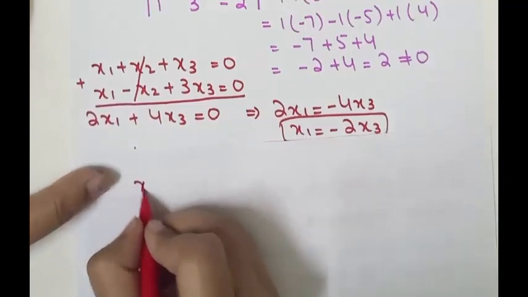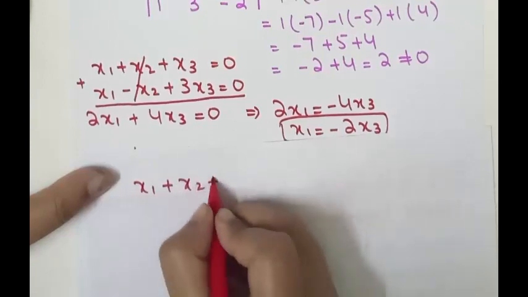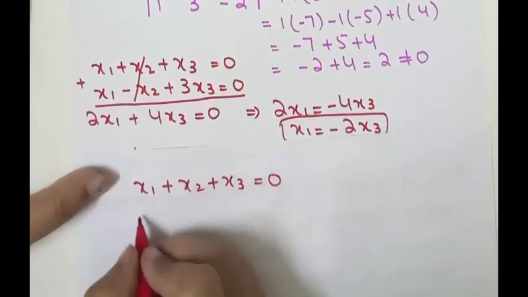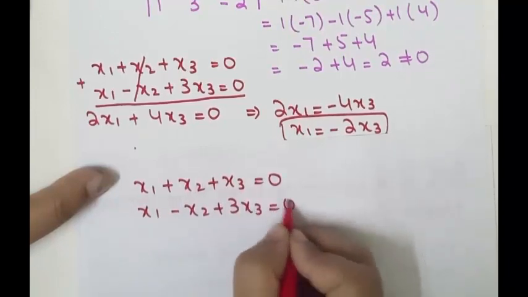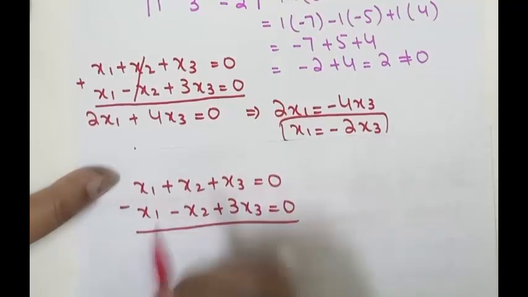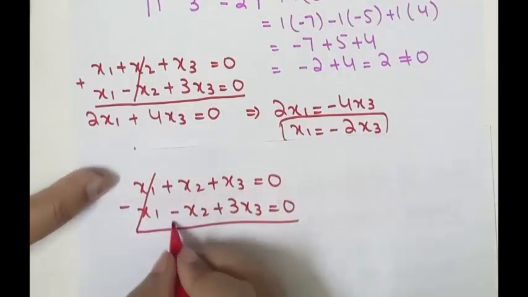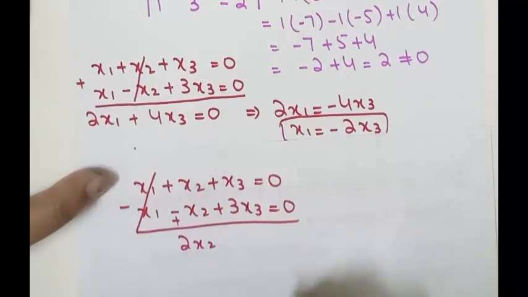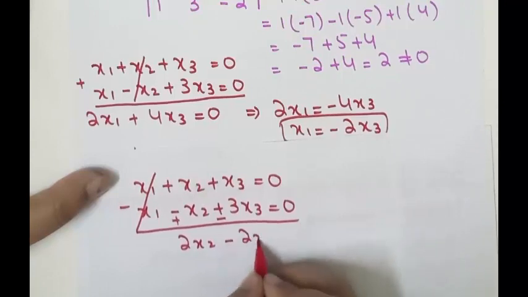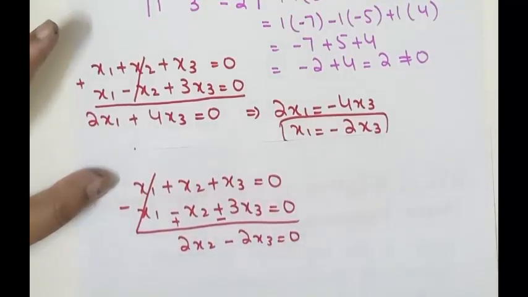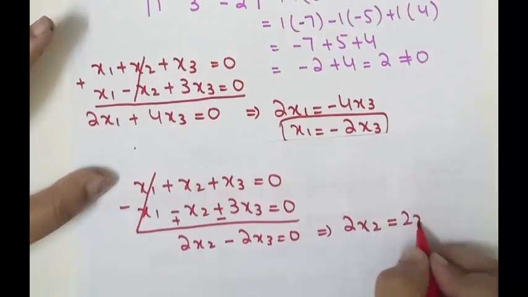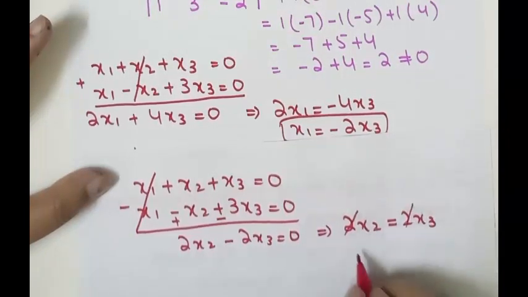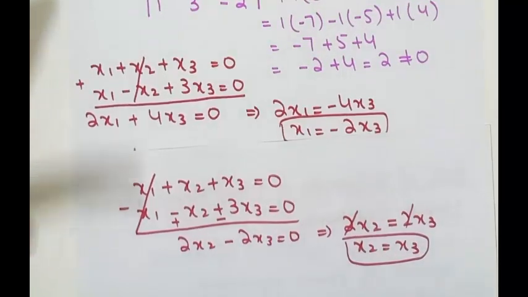Now subtracting these two equations, x1 plus x2 plus x3 and x1 minus x2 plus 3x3 equal to 0, the x1 terms cancel out. We have 2x2 minus 2x3 equals 0, which gives 2x2 equals 2x3. The 2s cancel out and x2 is equal to x3.